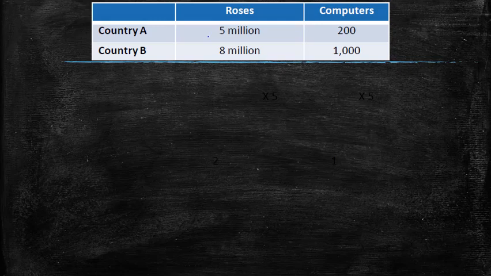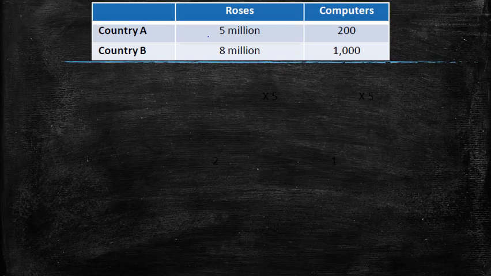Similarly, country B can produce 8 million roses or 1000 computers. Now, from the perspective of absolute advantage theory, country B is more efficient in producing roses as well as computers. So country B should just produce whatever it wants and there is no point in trading with country A.